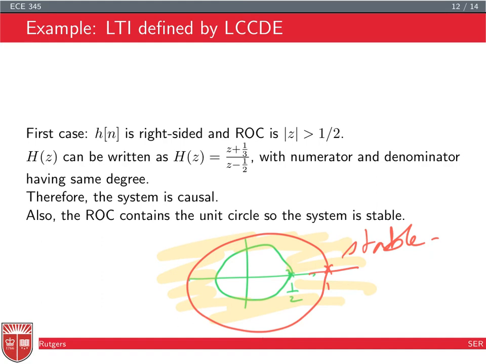Also, we could have immediately deduced this by looking at the poles and seeing that we only have a single pole at z equals 1/2 and its magnitude is less than 1, so the system is causal and stable, like we saw in the previous properties. So again, you could check if a system is causal and stable at once by checking if all the poles have magnitude less than 1.